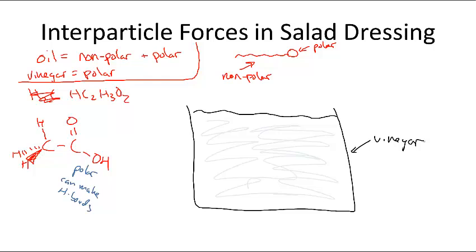But now, if I put that oil in there, the oil's not going to want to mix with the vinegar. That nonpolar part, well, it's more that the vinegar has no interest in the nonpolar part of the oil.